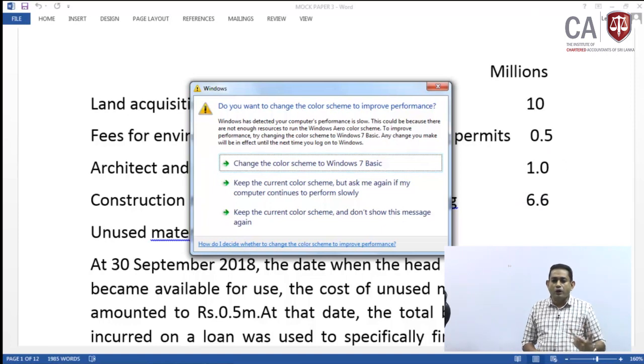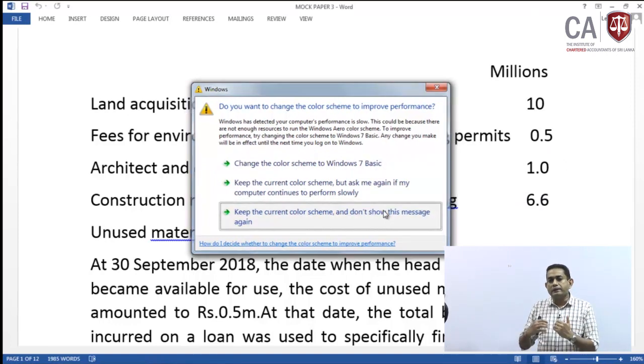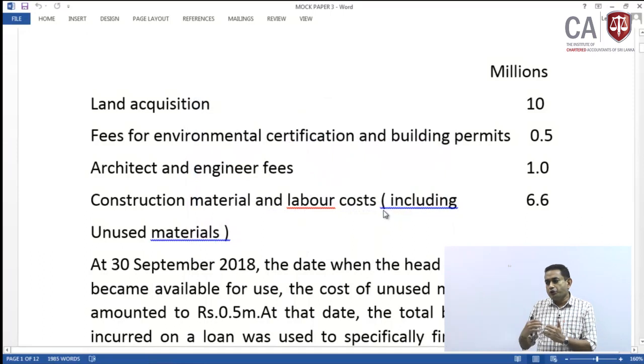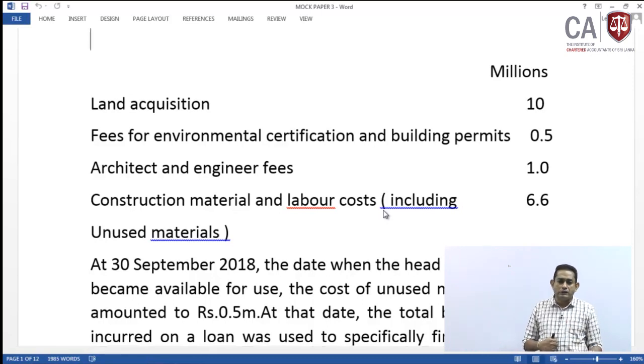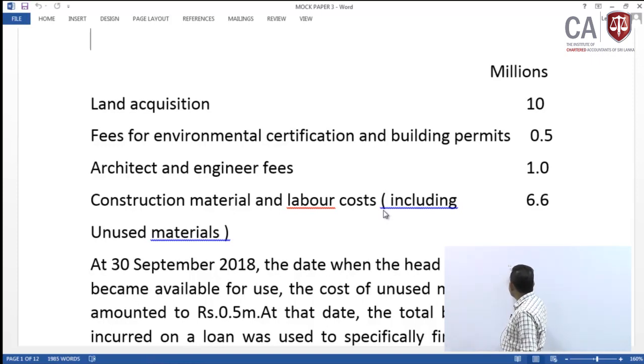You can question yourself whether it is a cost which can be avoided if not for the construction of the asset. It is a self-answered question, yes. If not for the construction of the asset, this is not a cost that would arise. So this is also a directly attributable cost, 0.5 million.